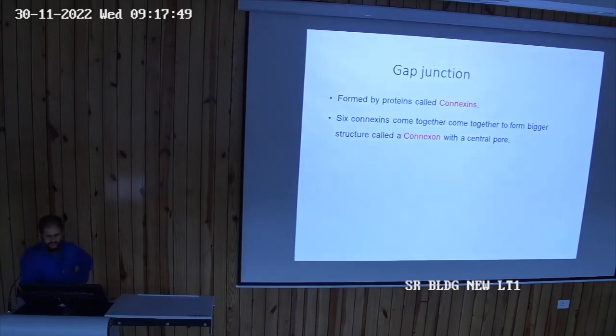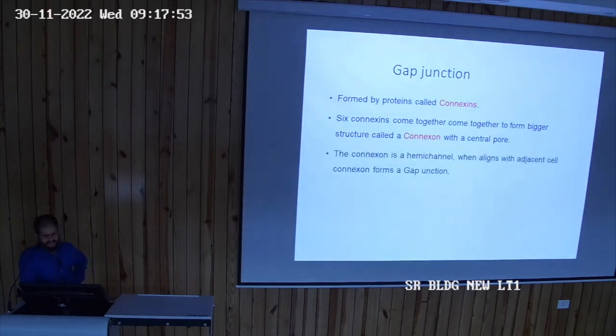Then they join together with a central pore inside. This connexon is a hemichannel, which aligns with the adjacent connexon and they form the gap junction. In this way, this junction is formed.